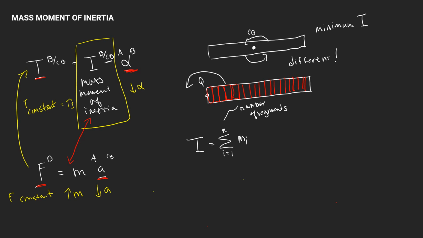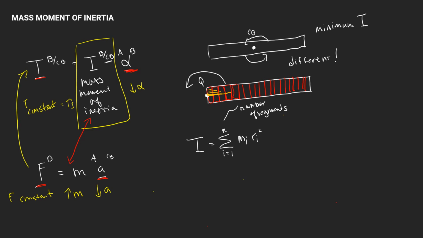If this were uniform, all of those masses would be the same. Now what is r? r is the distance between the axis of rotation and the center of that unit. For example, as I've drawn here, if my center of rotation is Q, then my r for this first unit is going to be this length, for the second unit it would be this length, the third would be that, and so forth. And I draw those out individually.